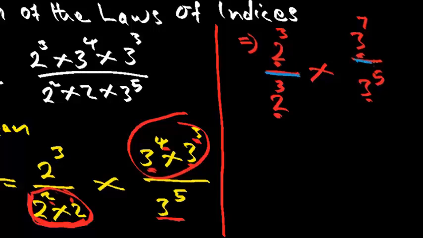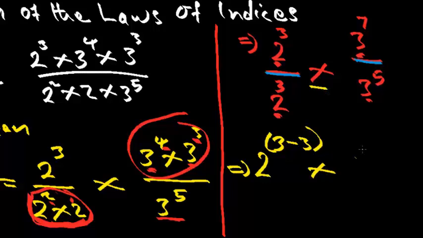So that implies that we have 2, then the exponent of the numerator is 3, minus the exponent of the denominator, which is also 3. Then we bring our times here. Then we have 3, the exponent of the numerator is 7, and the denominator is 5. So we can proceed from here.